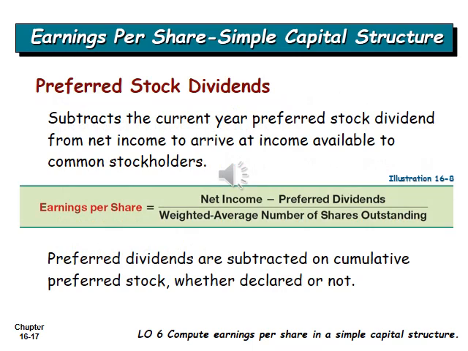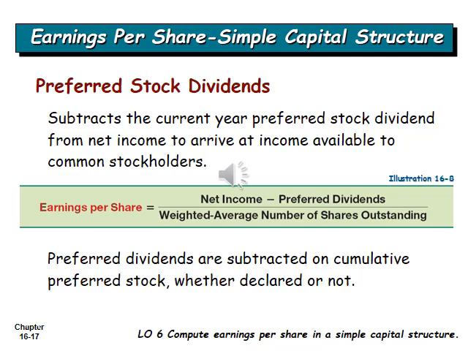So the basic equation to determine the basic earning per share is, as we see, earning per share equal to the net income minus preferred dividends, the dividends that will go to the preferred stock, over the weighted average number of shares outstanding during the period.